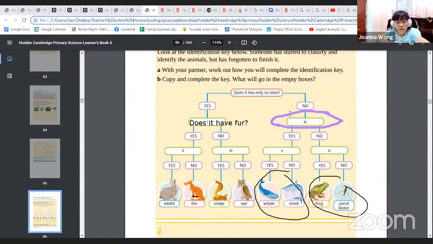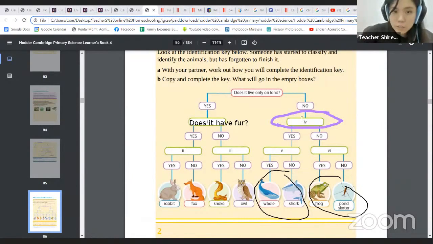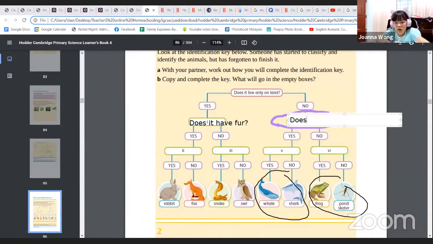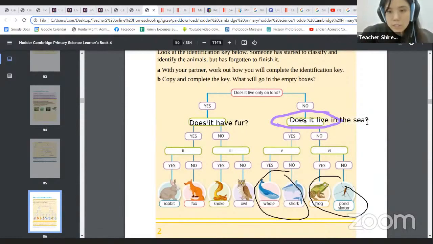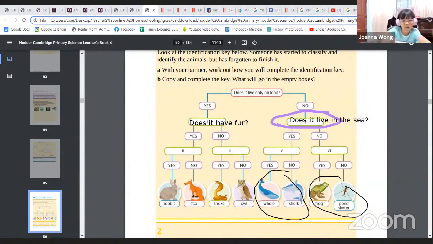Both of these are living in the water. But the frog and pond skater can. So does it live in the sea? Got it? Okay.